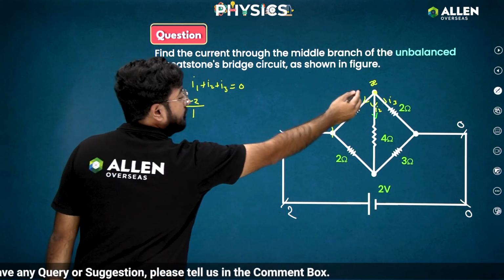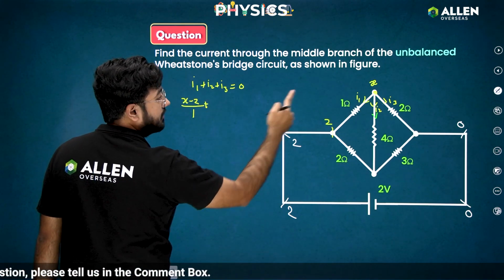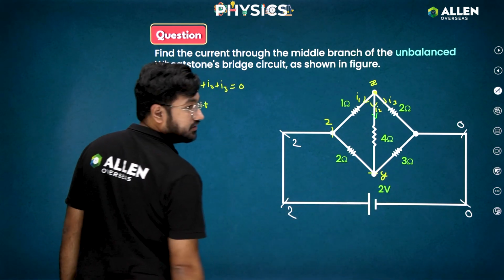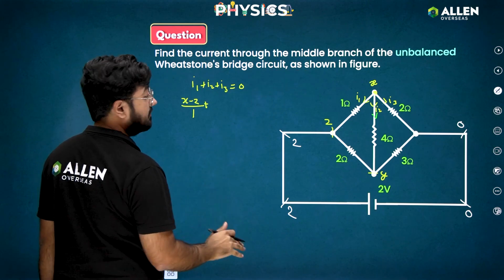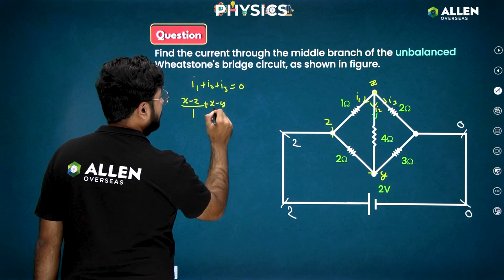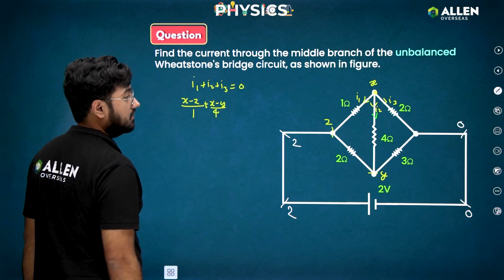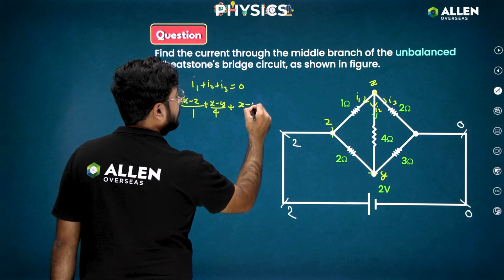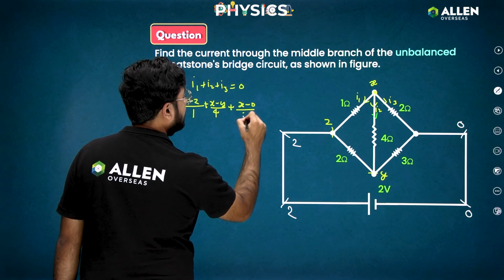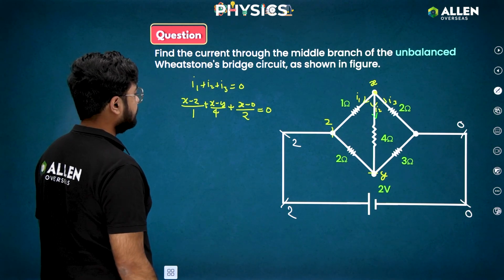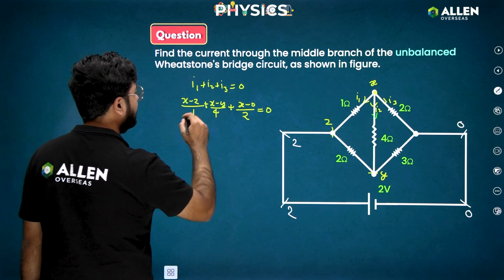Yeah. What will be I2? Suppose potential of this point is y with respect to x. So this will be x minus y over 4, plus x minus 0 over 2, right? Take the LCM, make the equation.